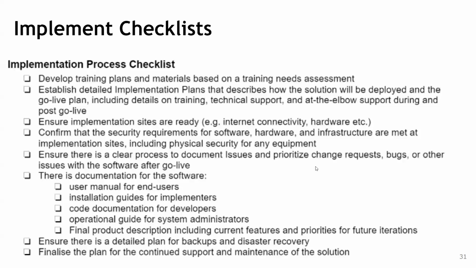Okay, so we are moving now into the implementation. So we've done the testing. Internally, we are happy that everything is fine. The users have done the UAT, and then we've just received our sign off to say, okay, we can start the implementation. Everything is fine. But before the implementation is done, there's some planning that needs to be done by the implementation team.